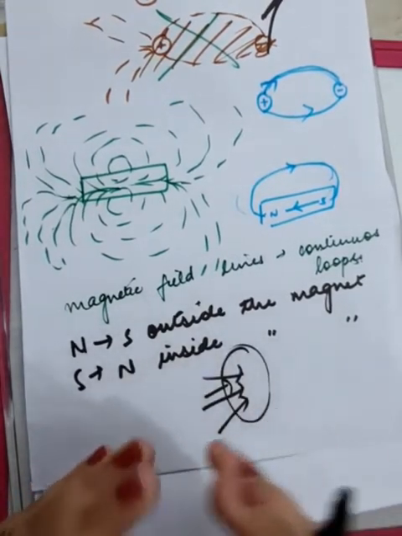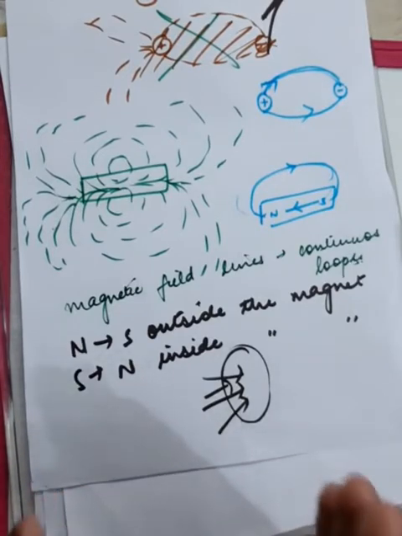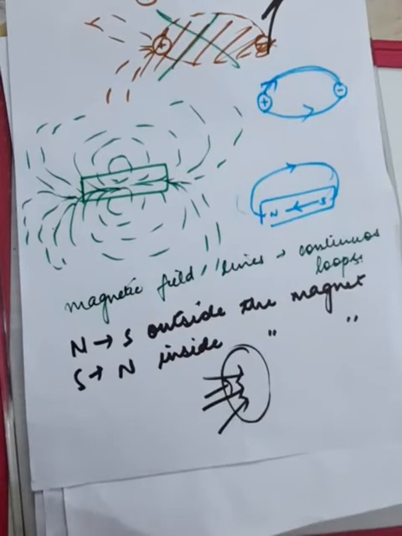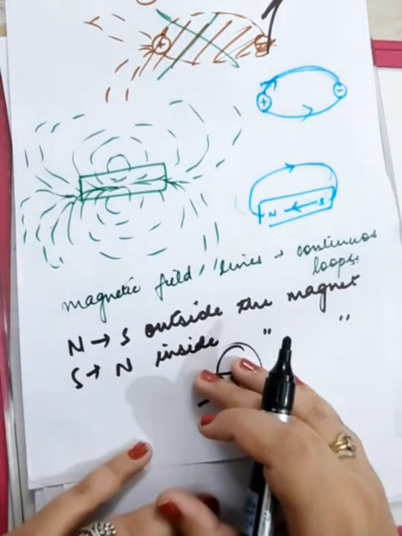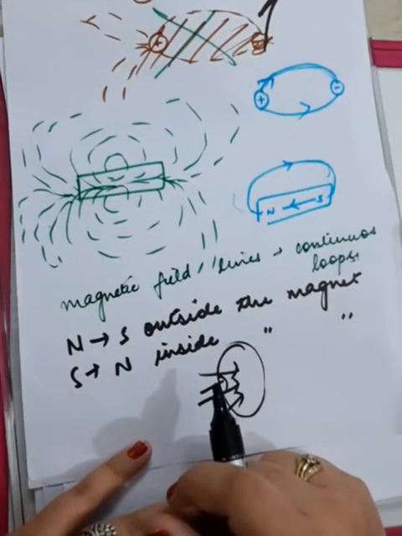But when the magnetic field lines are widely separated from each other, somewhat spaced from each other, then the magnetic field has less density over there, and you can expect less magnetic field present over there, right?